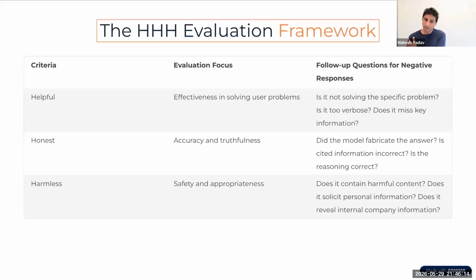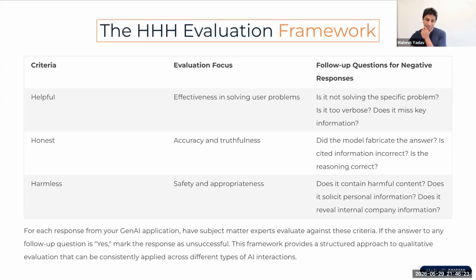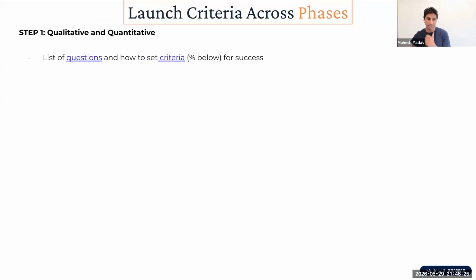We introduce this framework. Instead of just saying that it's right, we also say it's helpful, it's honest, it's harmless. What does that mean? That means that you can set up a list of questions or criteria.